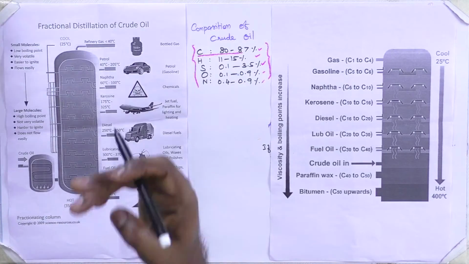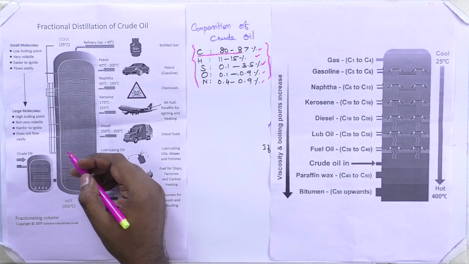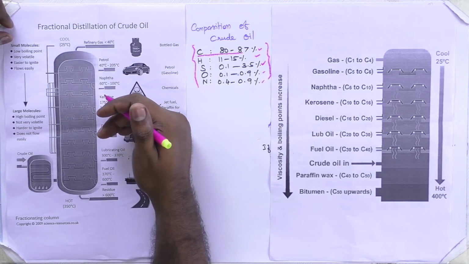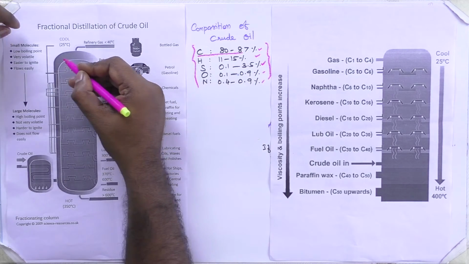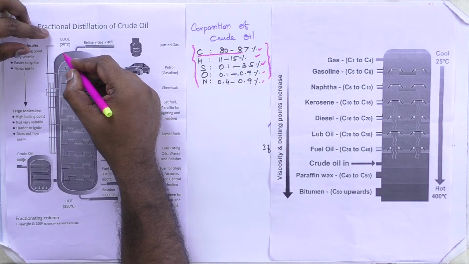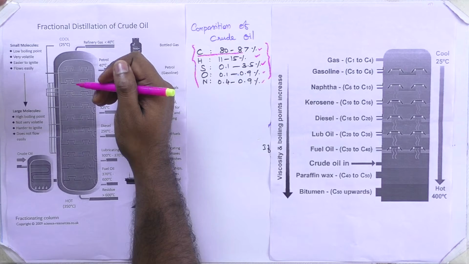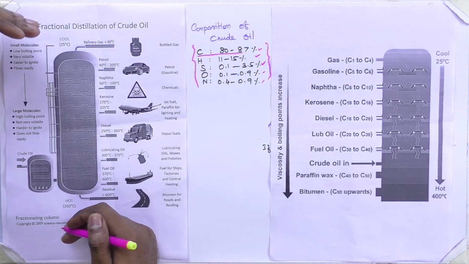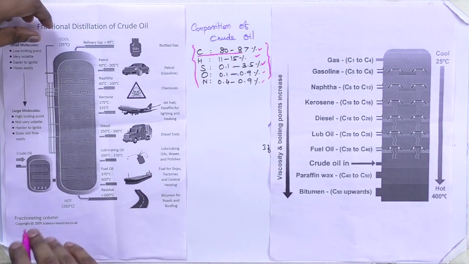In the fractional distillation procedure, we get small molecules to large molecules during the temperature variations. At 25 degrees Celsius, as in room temperature, we may get some gases. Then up to 350 degrees Celsius we may get other liquids or residues as byproducts.